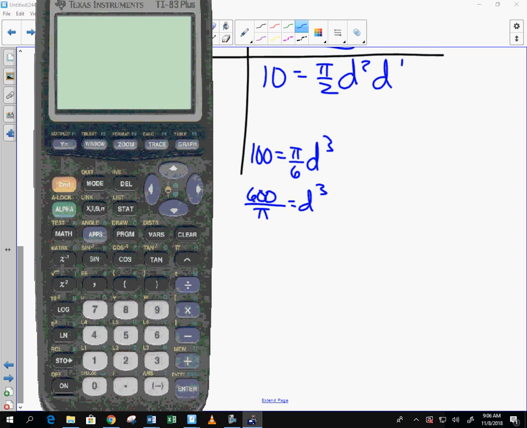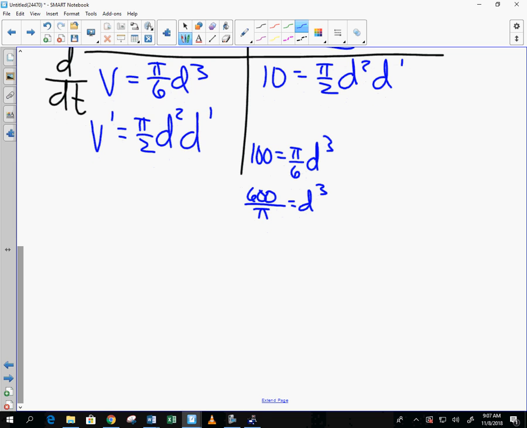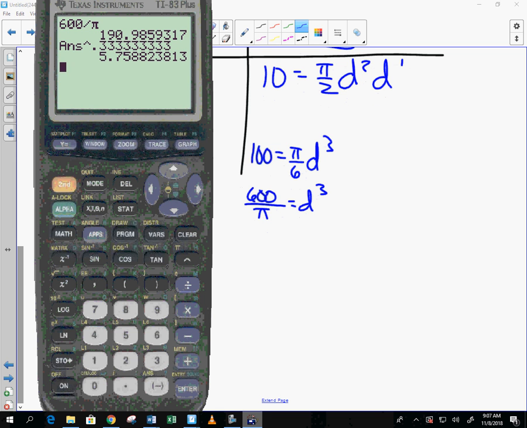Take the cubed root of that guy. 600 divided by pi, cubed root. Raise it to the 1/3 power. That's how I like to do it. 5.76. 5.758.